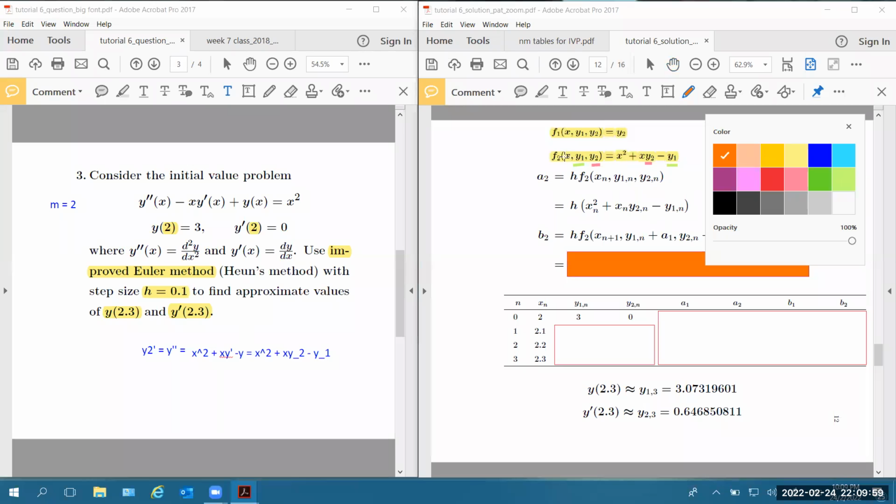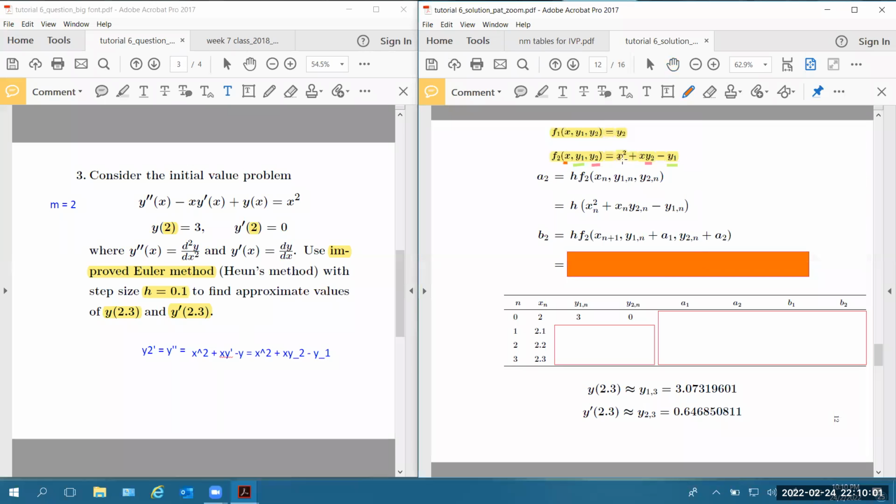We've got our x here, and then you do x squared. Over here, what we have is xn plus 1. So you will have xn plus 1 squared, that's the first term, and then plus x y2, the first one times the last one. The first one here is xn plus 1, and the last one here is y2n plus a2. So that's how you get here.